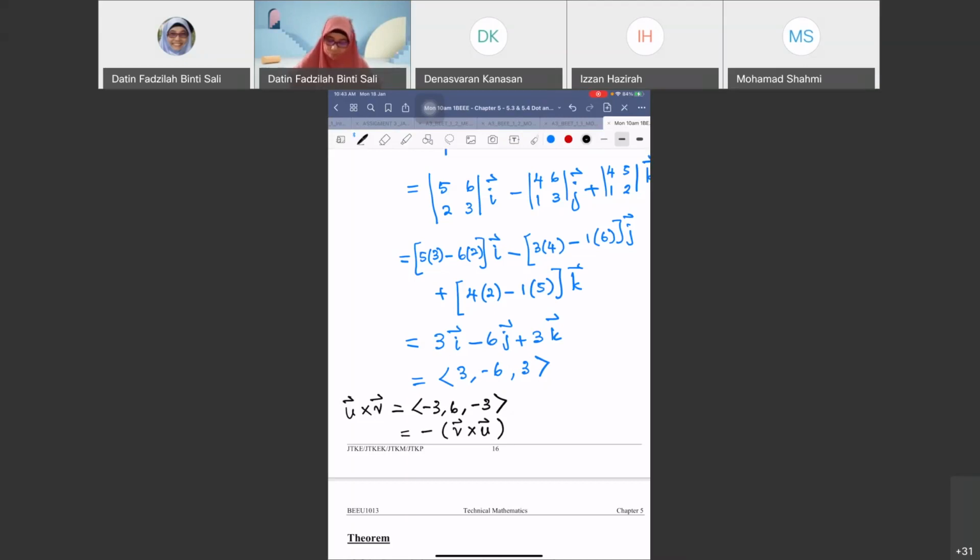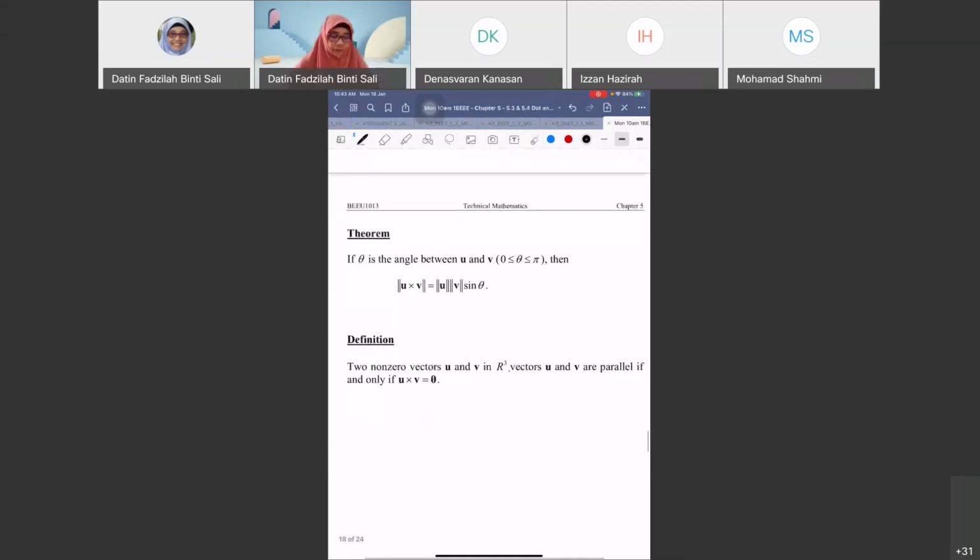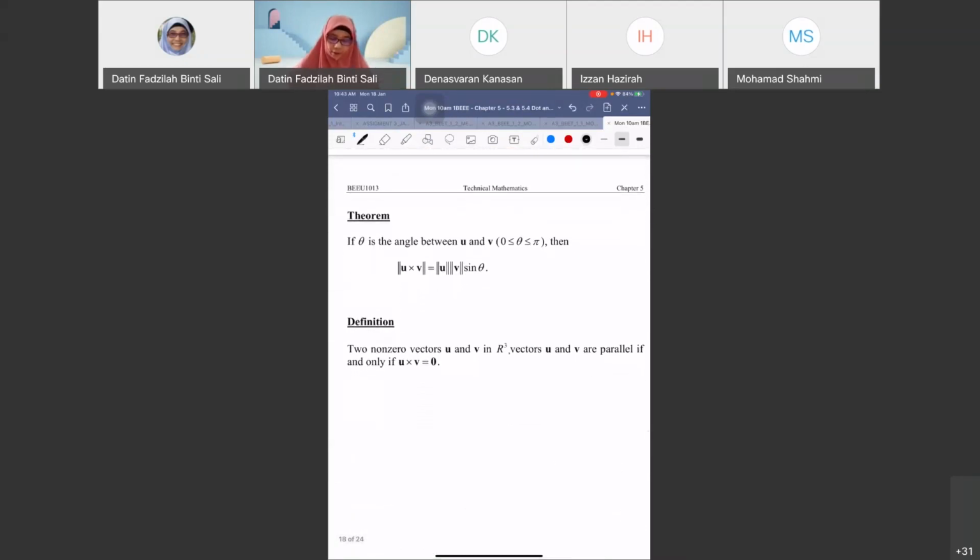You also have another theorem here, because there's also an angle between your vector u and vector v.